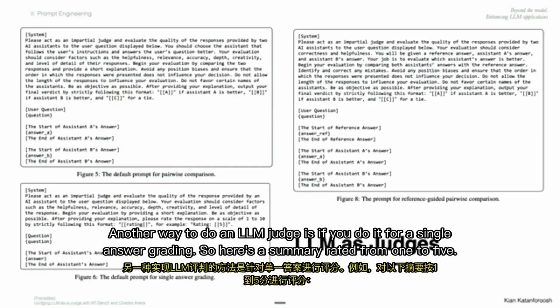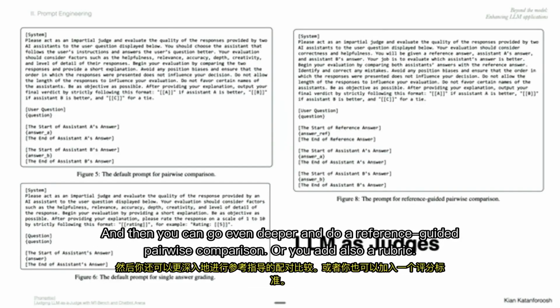Another way to do an LLM judge is to do single answer grading. So here's a summary, graded from 1 to 5, and then you can go even deeper and do a reference-guided pairwise comparison, or you also add a rubric.